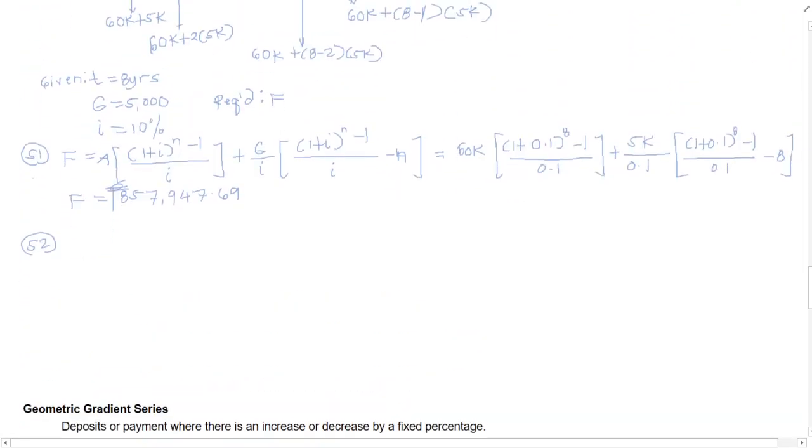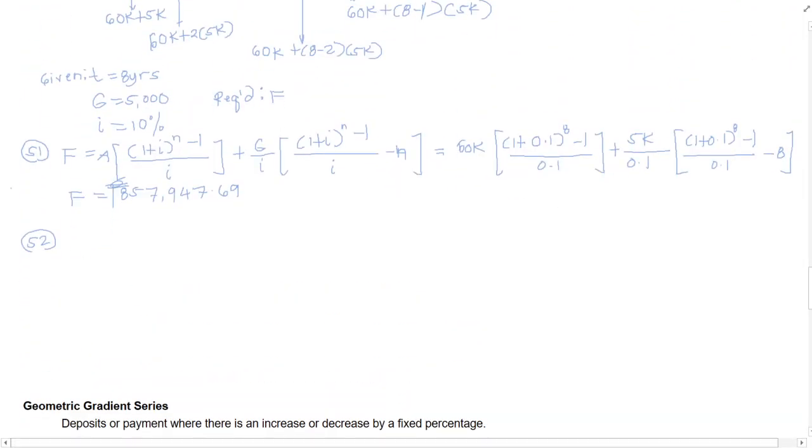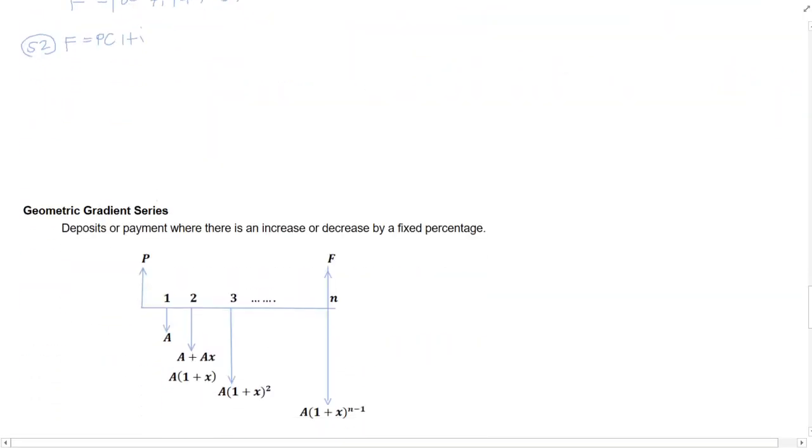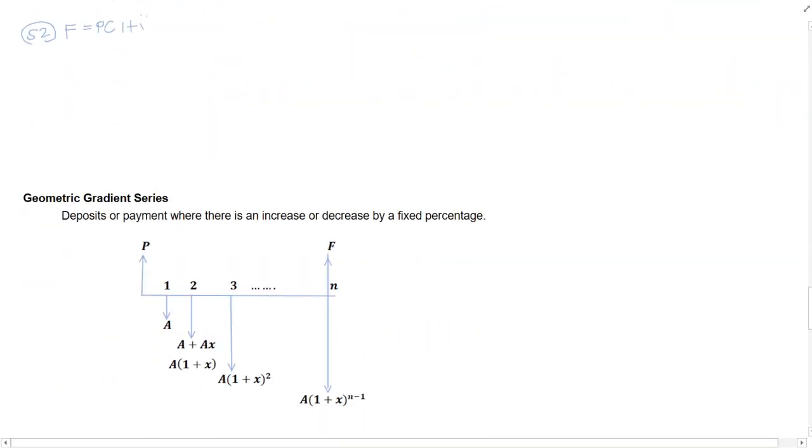Okay, so using our solution 2, if we are going to use the compound interest, F is equal to P multiplied by 1 plus i raised to n.